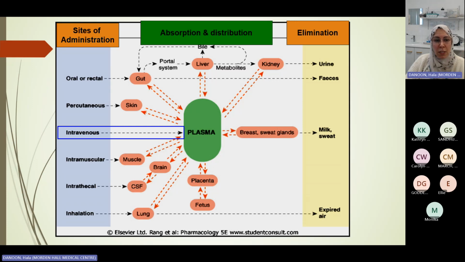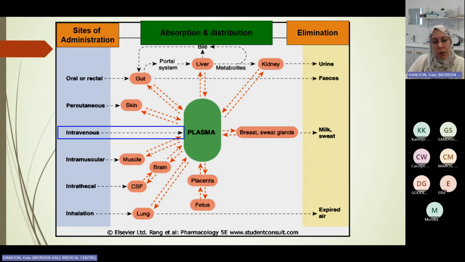Pretty much, all of them will go into the plasma, but if you look at the oral and rectal, they will go through the portal system into the liver, and they have the first pass process, and that's where the bioavailability could be reduced. Even inhalation can go through that same route as well.